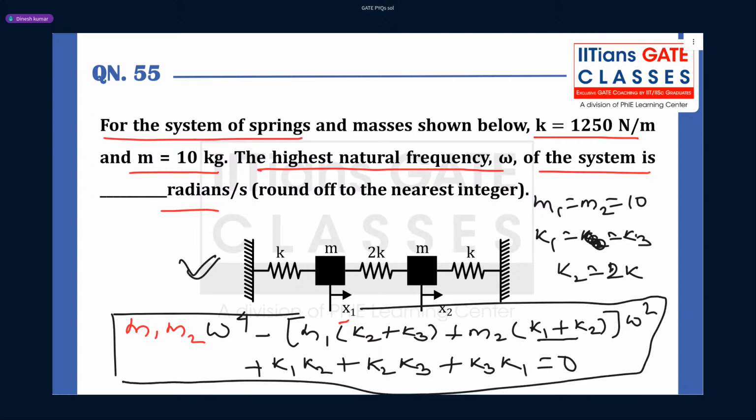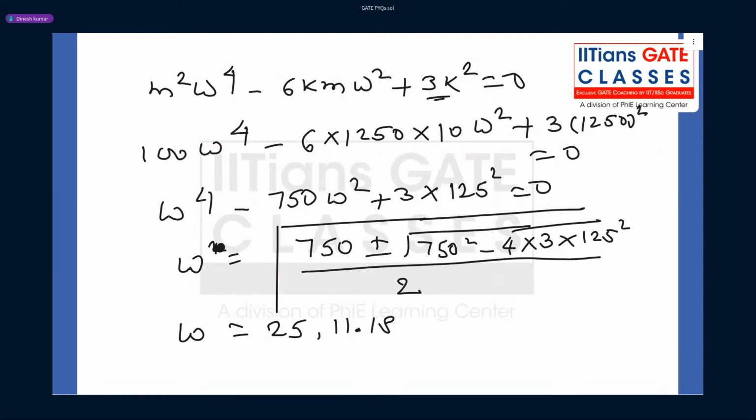Okay. Now another correction here. So this will be how much? We have k1 into k2, so it is k square plus 2k square plus 2k square. So how much? 2 plus 2, 4 plus 1, 5.